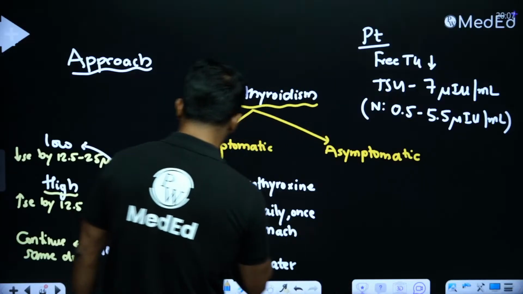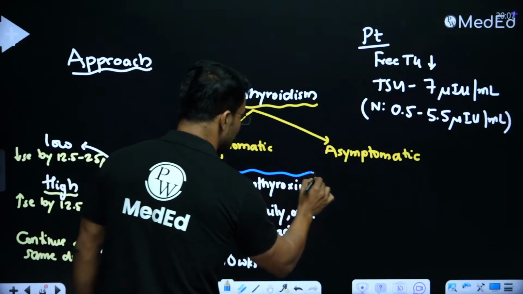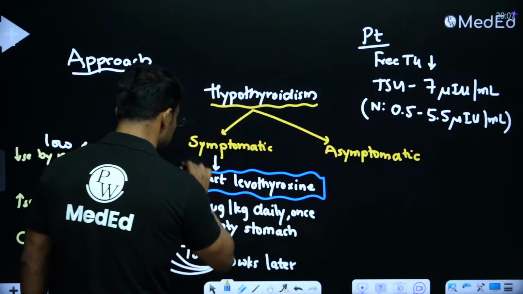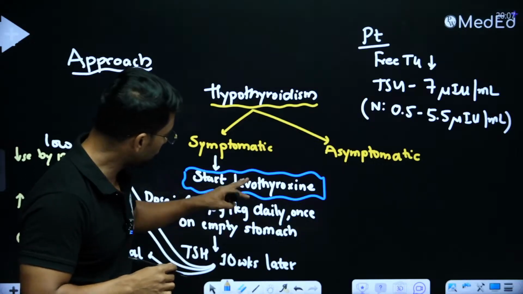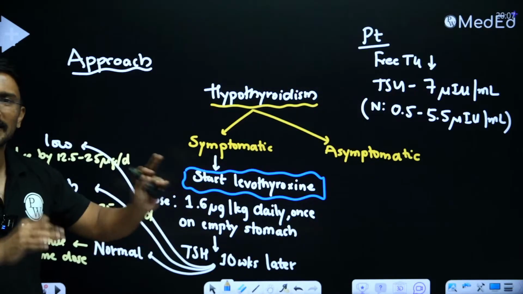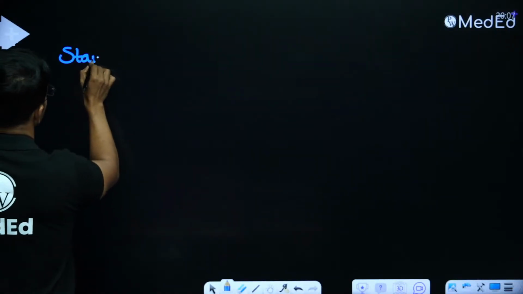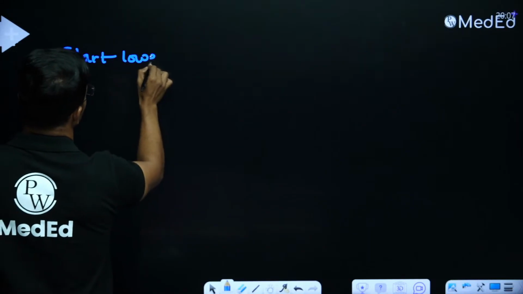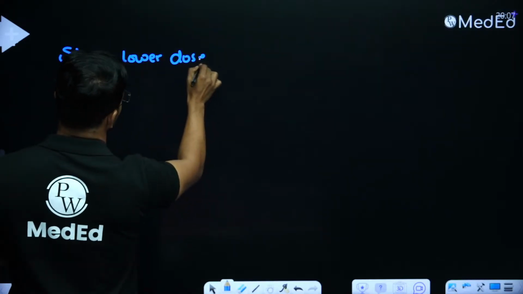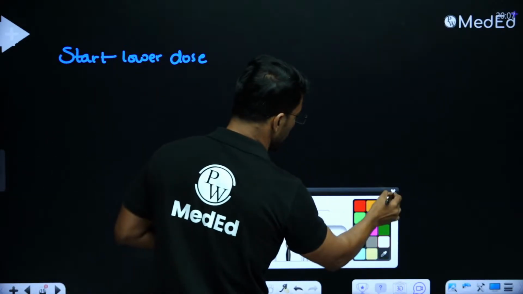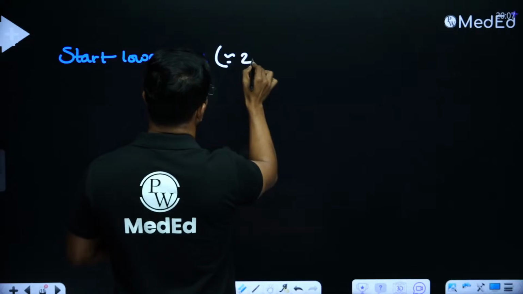Okay, so one of the questions that appeared in recent INI-CET is: in what condition should I start a lower dose? 1.6 is the standard dose, but in some conditions we should start a lower dose. What dose can be considered lower? Generally, we will start regardless of the body weight.